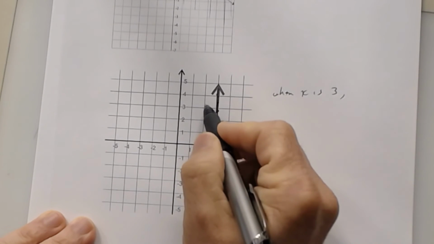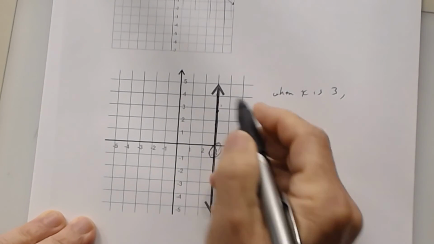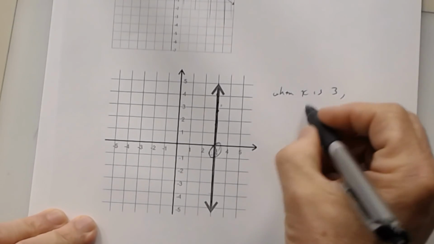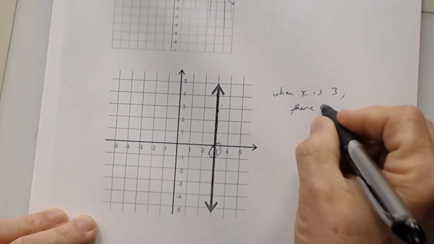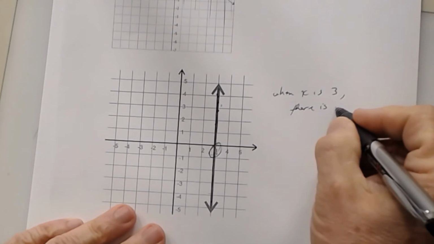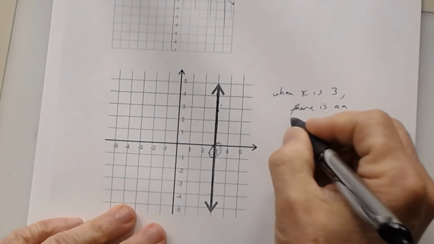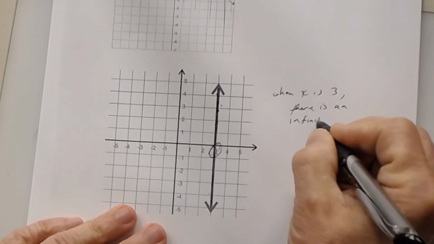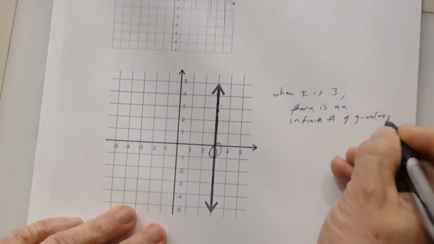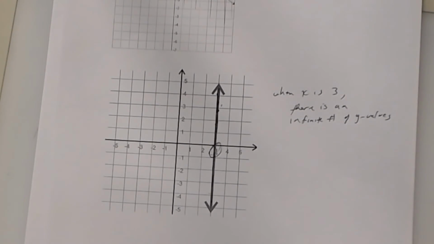Y can be 4, y can be 3.78, y could be negative 4.6. There's an infinite number, right? So there's more than one y value. In fact, there's an infinite number. So there's at least more than one, 2 or more. So this is not a function.